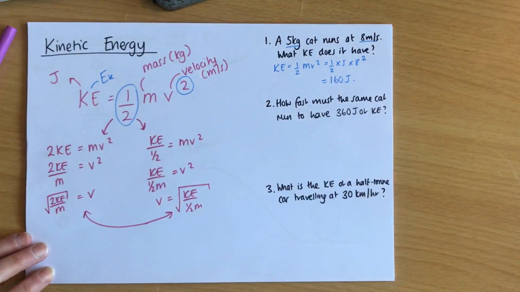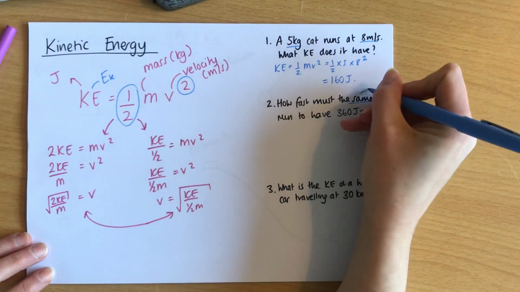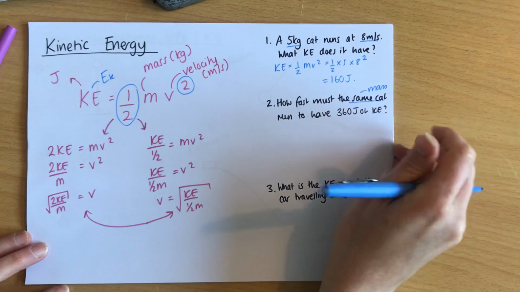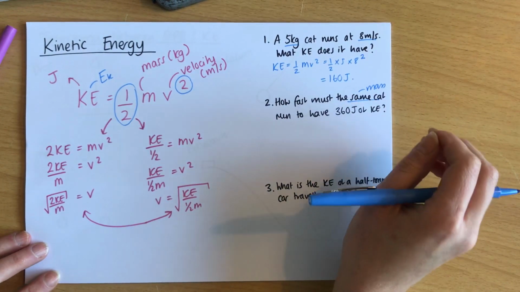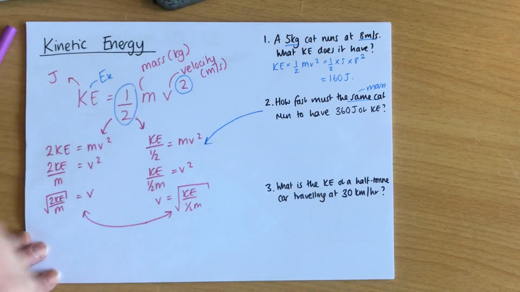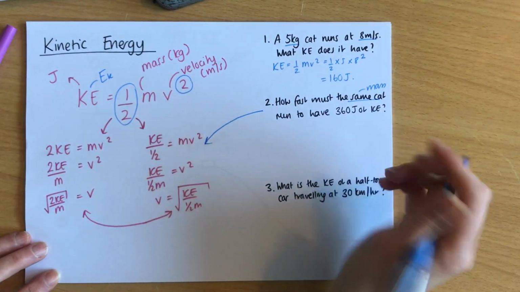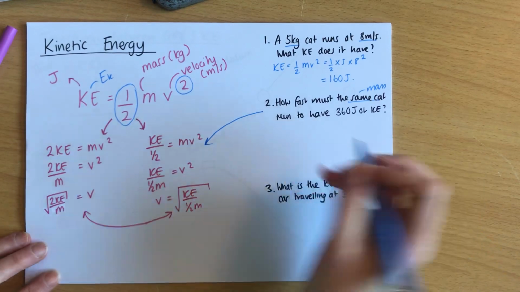Now, if I've got the same cat, that means once again I've got the same mass. How fast must that cat run to have 360 joules of KE? This is a classic example of wanting to use this rearrangement. How fast means work out the speed. So normally in an exam, I would go through this.